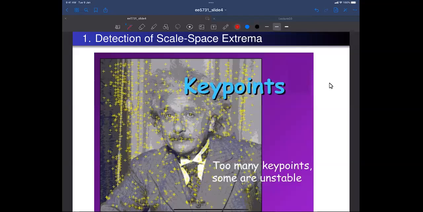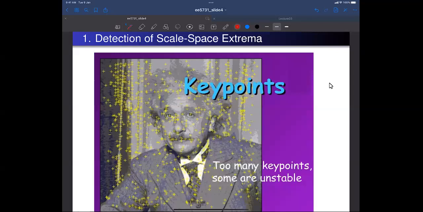If I take the image from here and I take another image from there, the same key point has to be repeated. That is called a stable key point. A stable key point is a key point that, regardless of the condition, you should be able to find at the same location of the object. Regardless of the size, or if I take the second image in a darker situation, for example, I switch off the light. Stable key points should give you the same key point regardless of the situation.